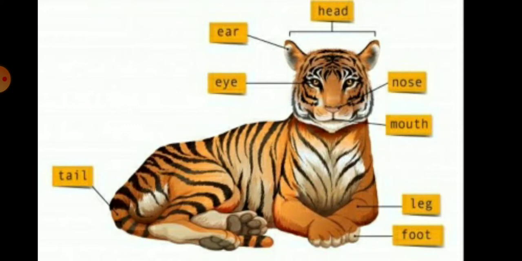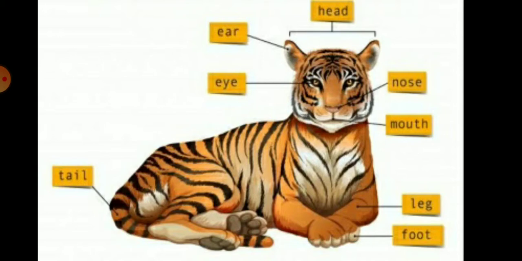So, children, the first example of a mammal is the tiger. You can see the different parts of its body: head, one pair of ears, one pair of eyes, then nose, mouth. In the nose, nostrils are also present, then leg, foot, and the last part is the tail.